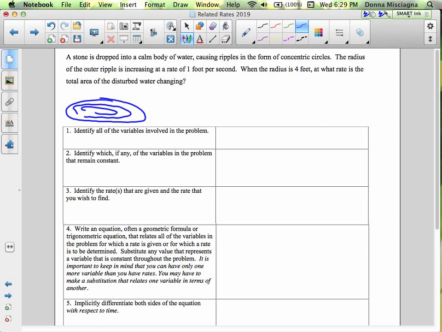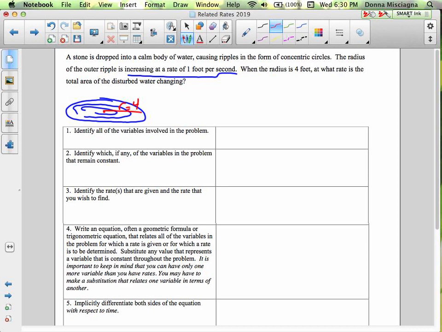So that gives us some information. When the radius is 4 feet, so we're looking for when r equals 4. At what rate is the total area of the water changing?